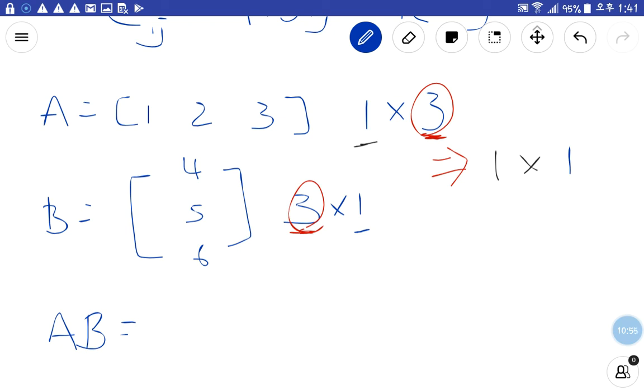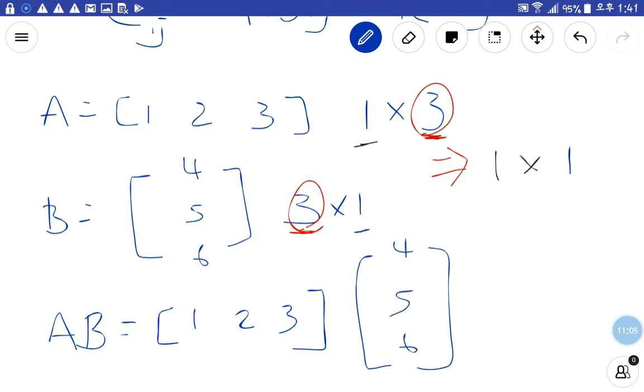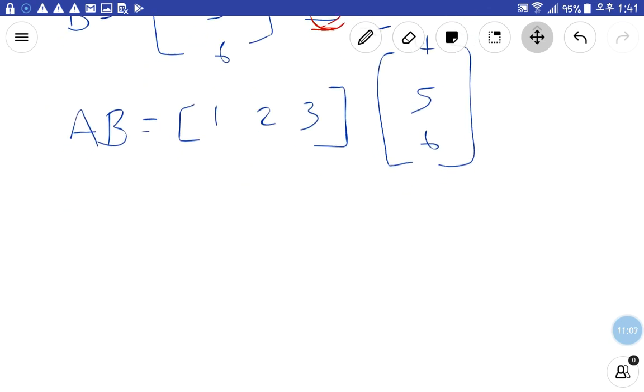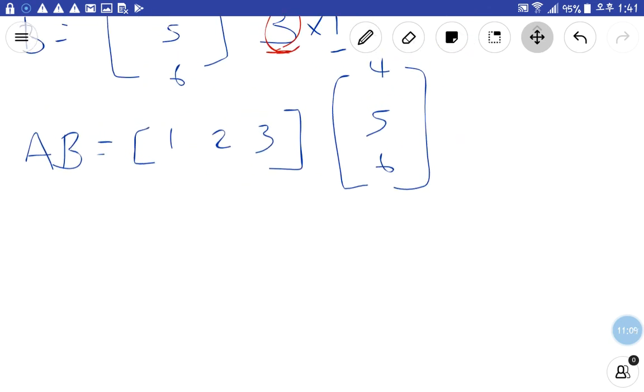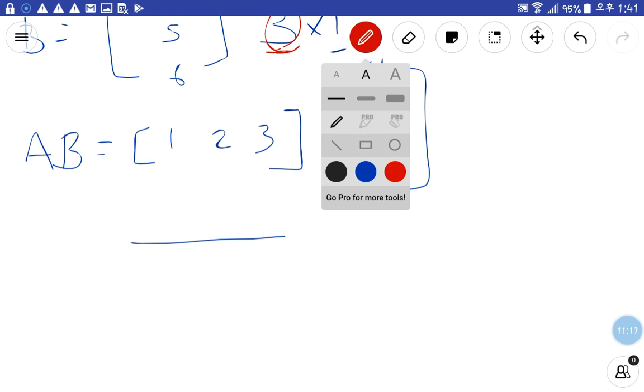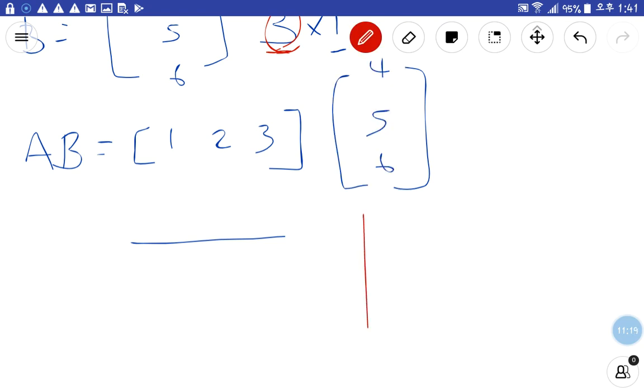I'm going to show you how. So now I have 1, 2, 3, and I have 4, 5, and 6. If I illustrate this as lines, I have only 1 row, and here I have 1 column.